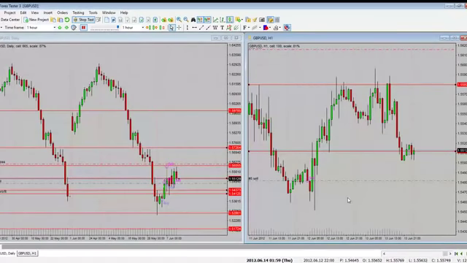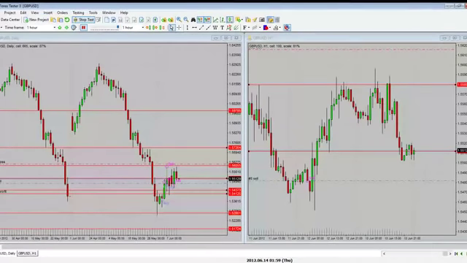Based on the daily, what's the bias? What are we looking at in terms of market direction? Okay, so here my bias will be to the downside because it's just hitting that wall there.